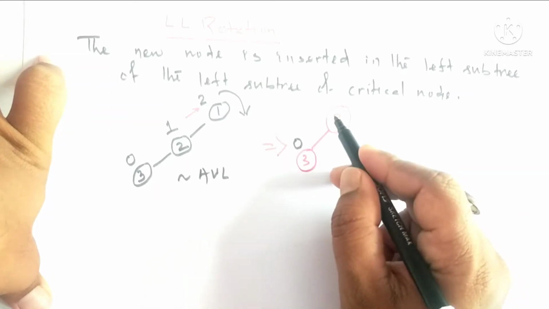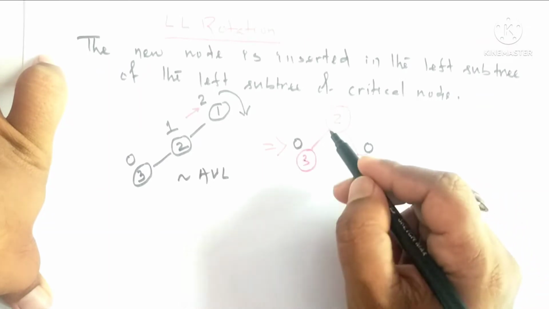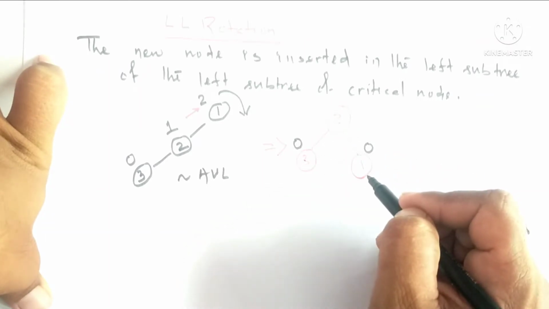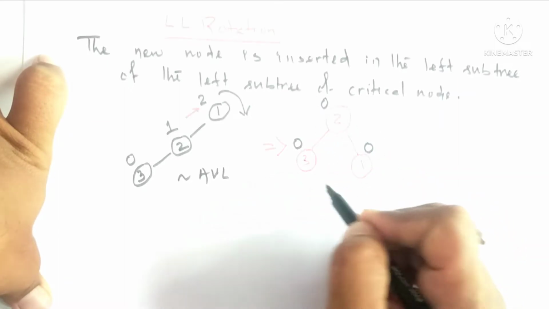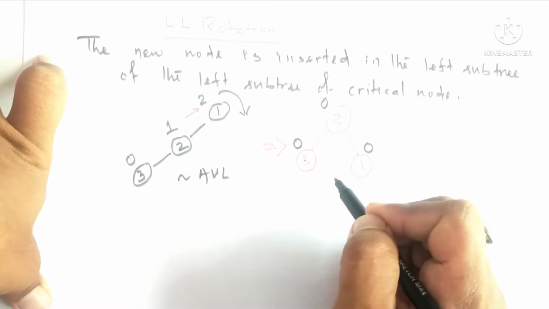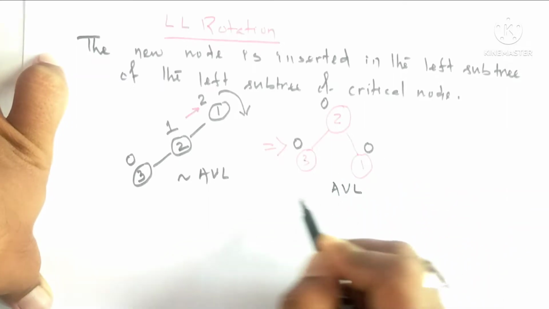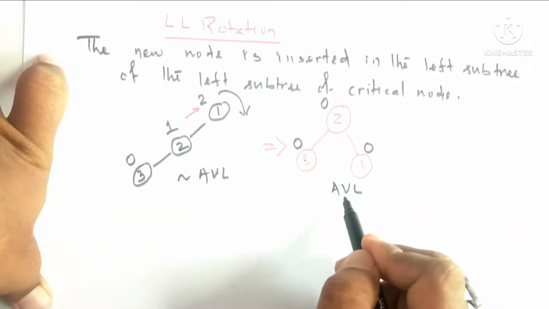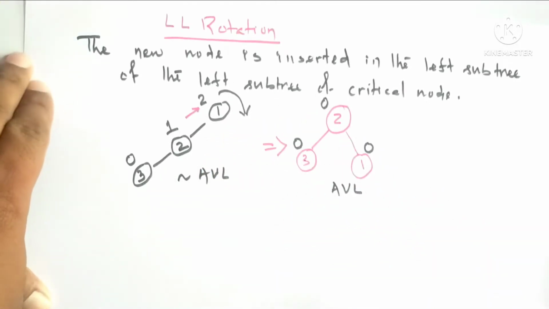The balance factor of node number 2 is the left subtree height minus the right subtree height. The left subtree height is 1 and the right subtree height is 1, so 1 minus 1 becomes 0. Now each node satisfies the range of -1 to +1 through 0, so it is an AVL tree. We converted a non-AVL tree to an AVL tree by doing a rotation. That is called the LL rotation.